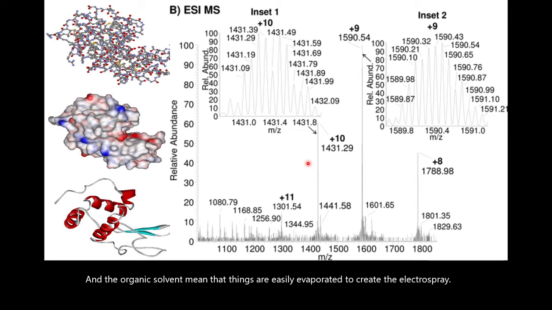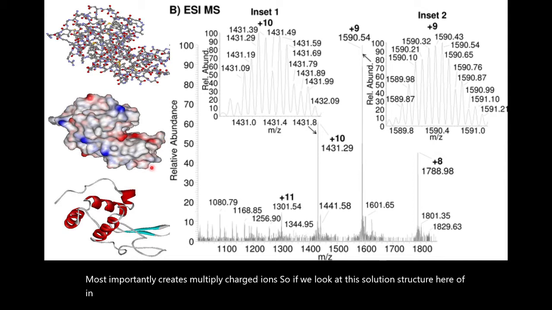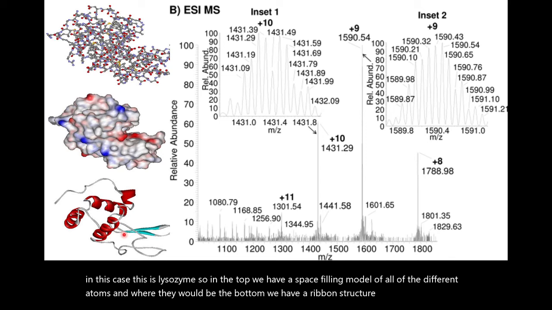So electrospray, most importantly, creates multiply charged ions. If we look at this solution structure here, in this case lysozyme, at the top we have a space-filling model of all of the different atoms and where they would be. At the bottom we have a ribbon structure showing what the structure of the protein would be.